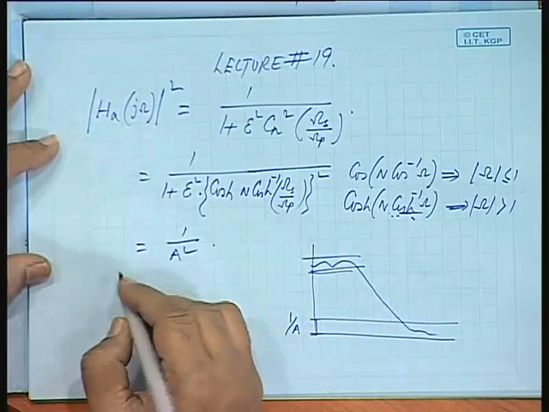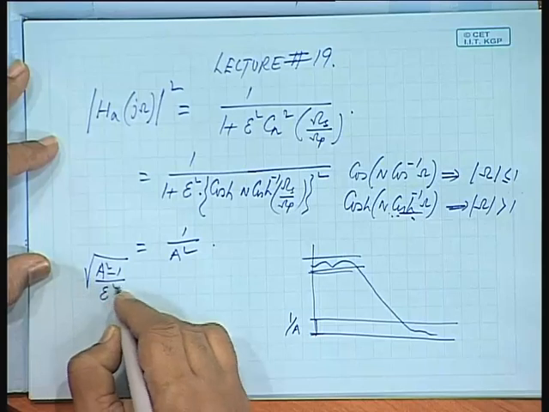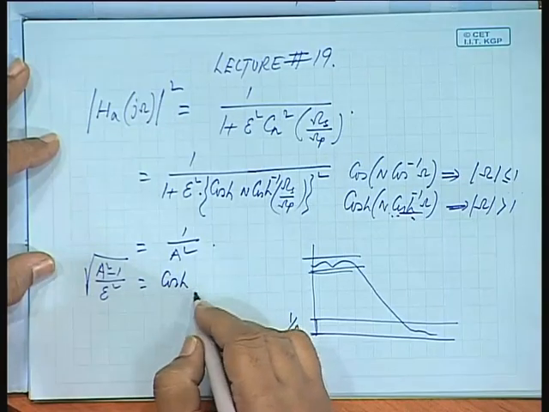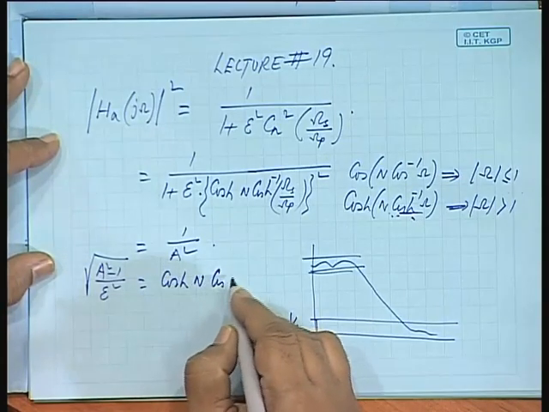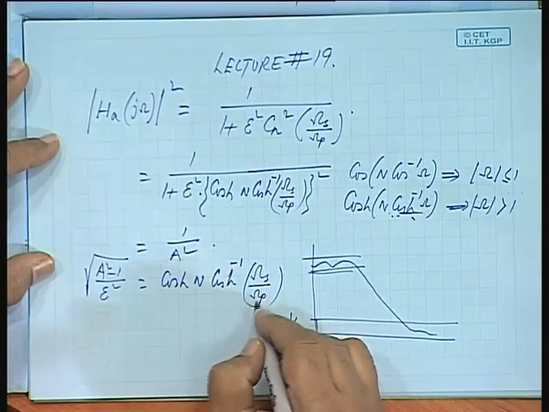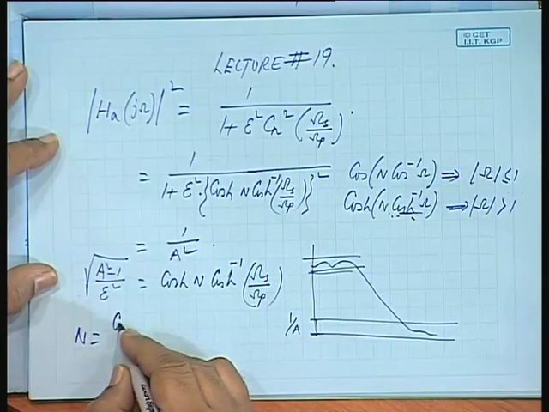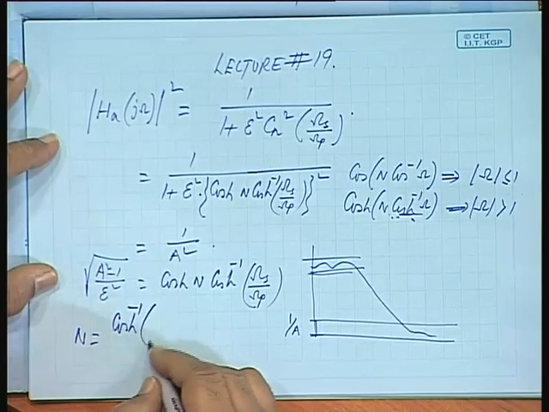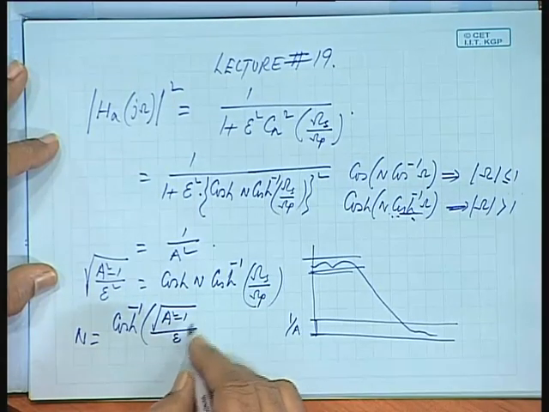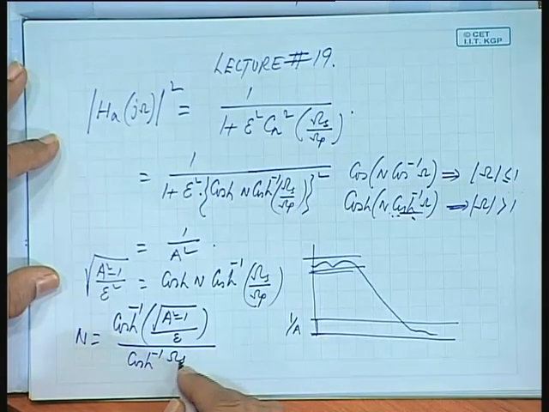So, S squared minus 1 by epsilon squared is equal to cos n cos inverse omega s by omega p, which gives me n equal to cos inverse root over of S squared minus 1 by epsilon divided by cos inverse omega s by omega p.